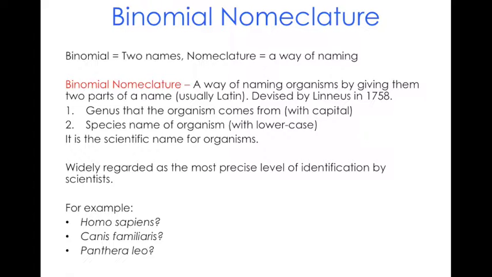The genus name is capitalized and the species name is in lowercase, so that you can always identify what that organism is. It's widely regarded as the most precise level of identification by scientists, and it's easy to identify an organism based on its scientific name rather than its common name.